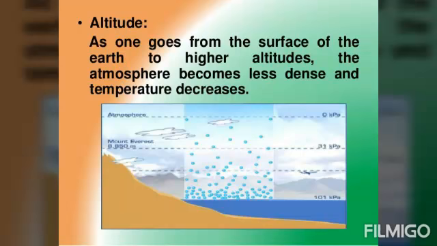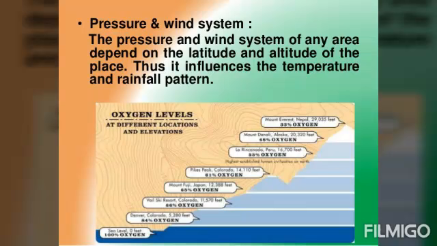There is a decrease of 1 degree Celsius for every 166 meter rise in height because temperature decreases as you move to higher altitudes. So the mountains are cooler than the plains. So this is about altitude. Next we will learn about the next factor, that is pressure and wind system.